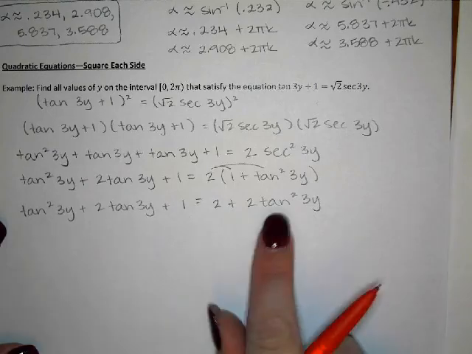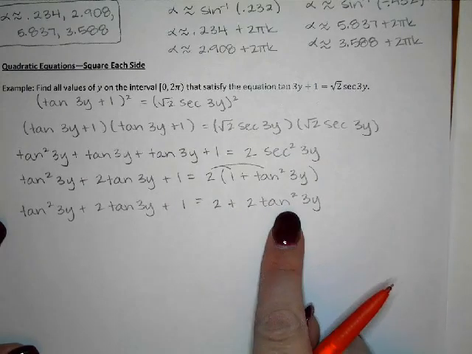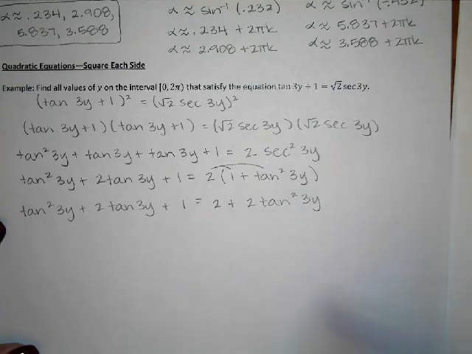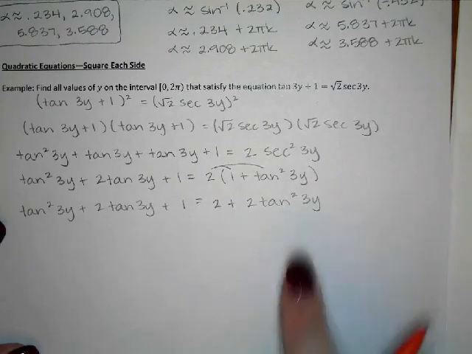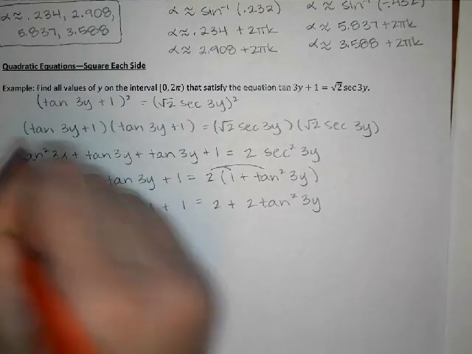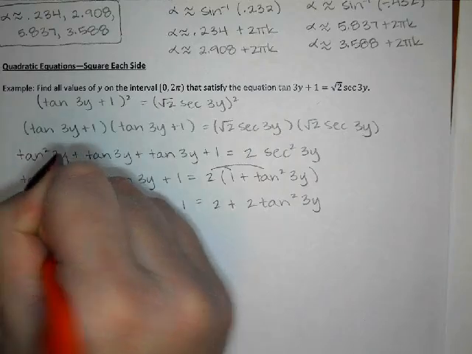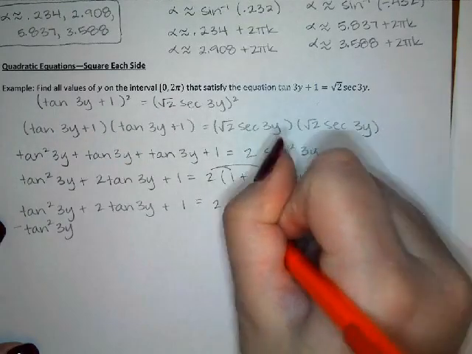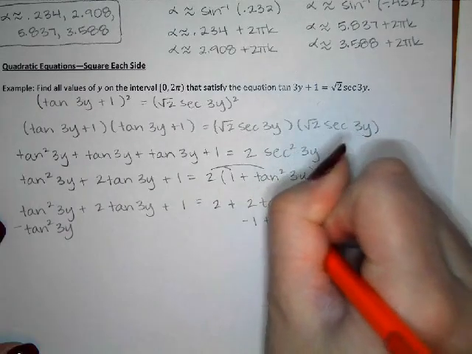I just prefer my squared term to be positive. So I'm going to minus 1 tan squared from the 2 tan squared. And so that tells me I should be taking everything from the left side and moving it over to the right side.